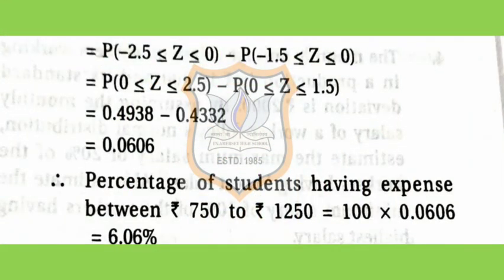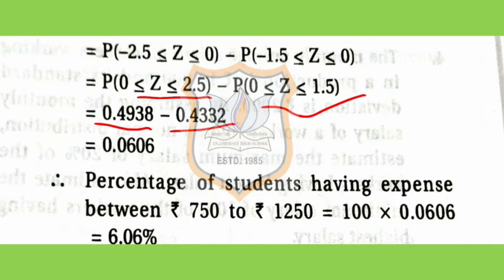So the answer will be probability of 0 to 2.5 minus probability of 0 less than or equal to z less than or equal to 1.5. Area is 0.4938 for 2.5 and for 1.5 it is 0.4332. This we can find from the z table.